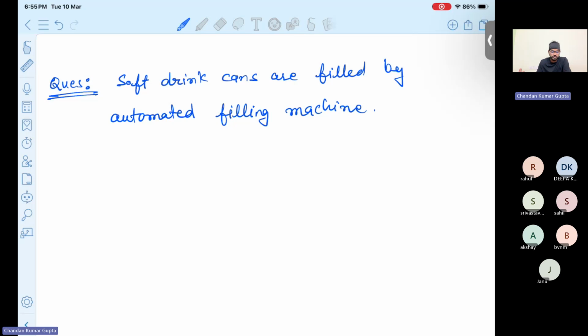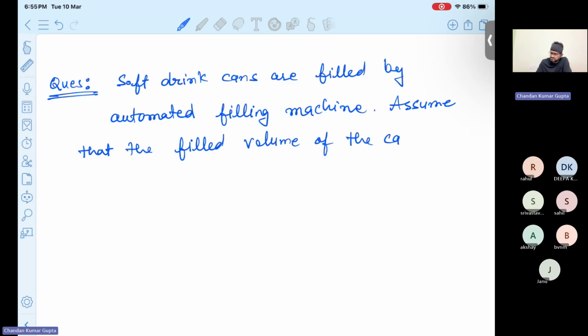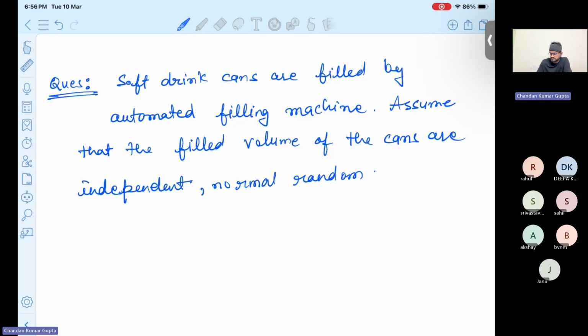Assume that the fill volumes of the cans are independent normal random variables with the standard deviation 15 ml.